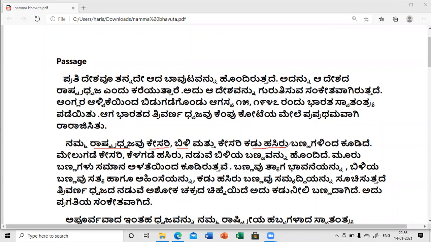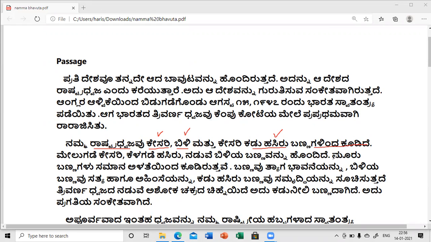Okay, so ಕೇಸರಿ, ಬಿಳಿ ಮತ್ತು ಹಸಿರು. So kesari is one, bili is another, and hasiru is one more. So you would have three different colors here. ಬಣ್ಣಗಳಿಂದ ಕೂಡಿದೆ. It means that you have three colors here.